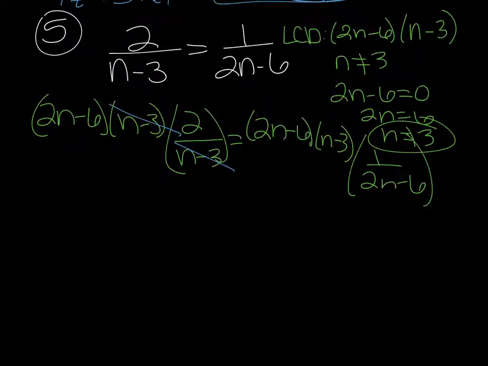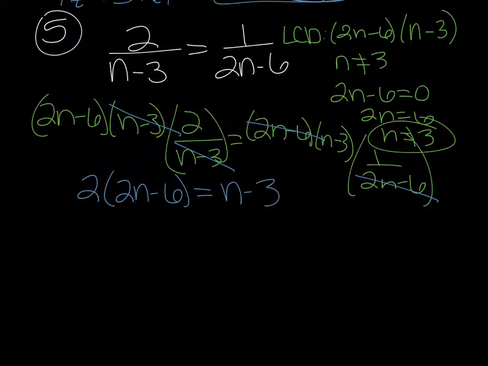On the left-hand side, I should be left with 2 times the quantity 2n minus 6. On the right-hand side, I can cancel out the 2n minus 6, and I'm left with n minus 3 times 1, which is just n minus 3. And if I distribute the 2, I have 4n minus 12 equals n minus 3.